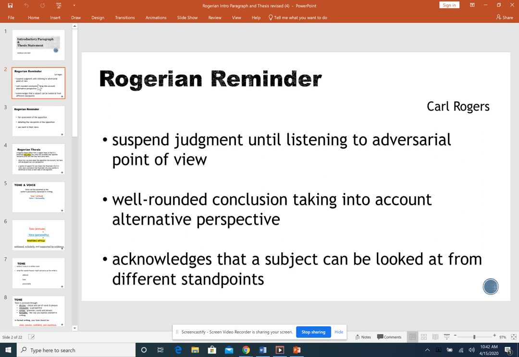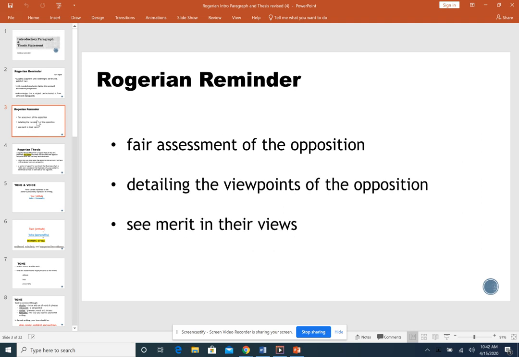The Rogerian argument acknowledges that the topic can be looked at from different standpoints. Remember to make a fair and balanced assessment of the opposition, detailing their viewpoints and finding merit in the opposition's views.